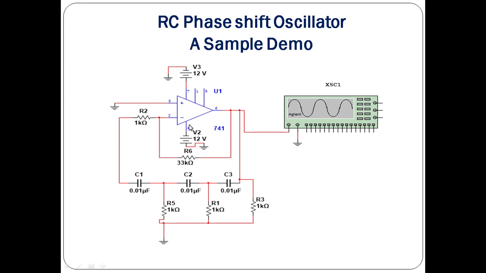The theoretical concept of RC phase shift oscillator, I hope you might have studied in the previous semester in the course Analog Circuits Theory. But still, I will be explaining in brief how this RC phase shift oscillator works, with some design considerations.